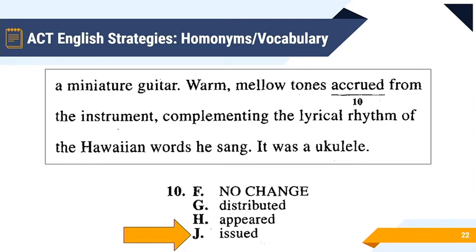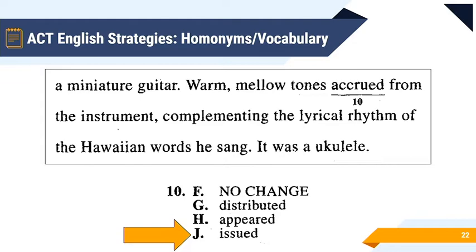We're going to teach them, do the best you can with what you know. And you may miss this one, and that's okay. And I tell them, because they're so afraid of making a mistake, ACT, when they score this, they have no idea who you are. They're not going to look at this and go, oh, my stars, she did not know what accrued meant. They don't know that. They don't care. So it's issued. Okay.